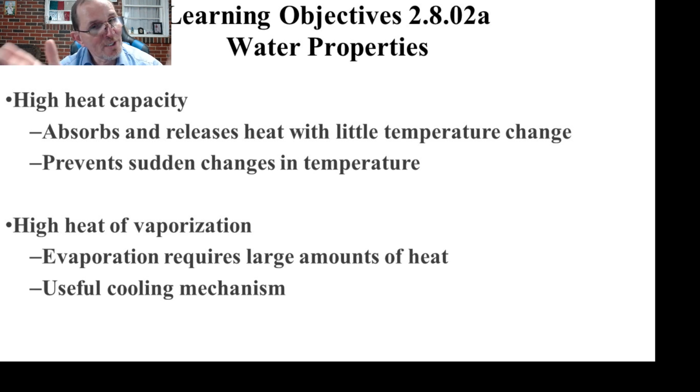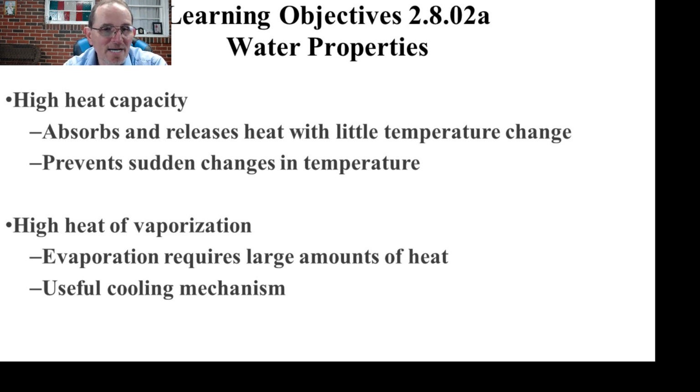We are made up of so much water that if this wasn't the case, our temperatures would swing widely, and our enzymes couldn't take that. We wouldn't be able to sustain life. So that's the heat capacity, absorbing and releasing heat with very little change in temperature.